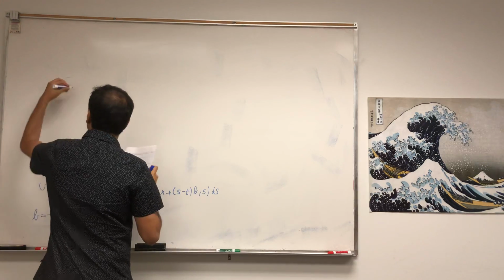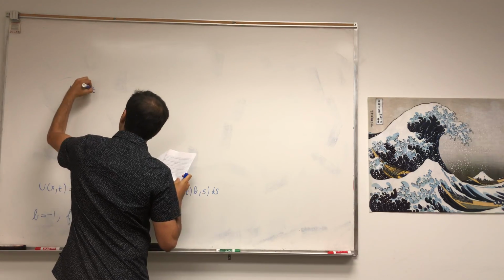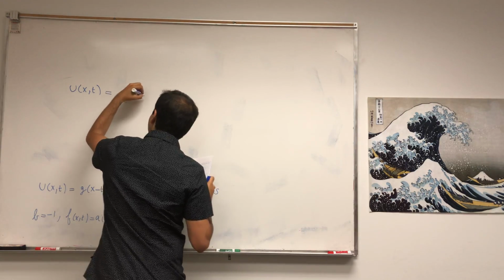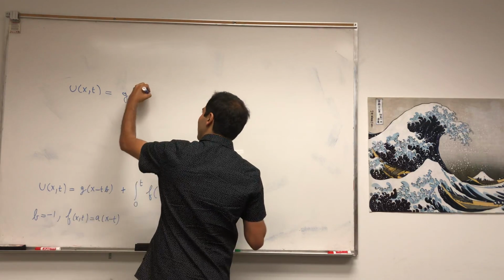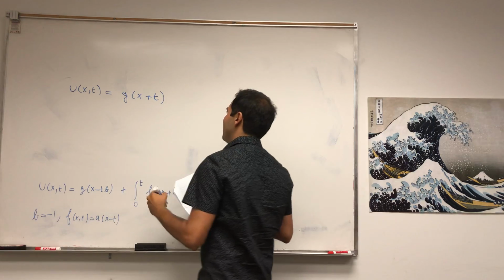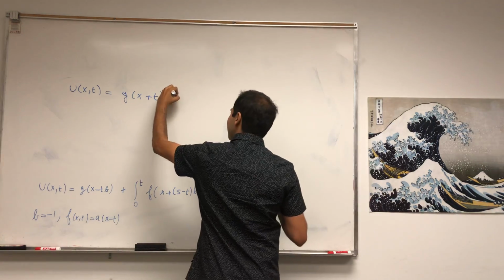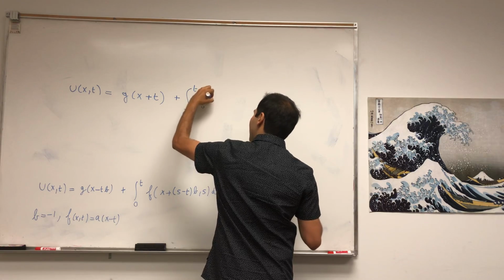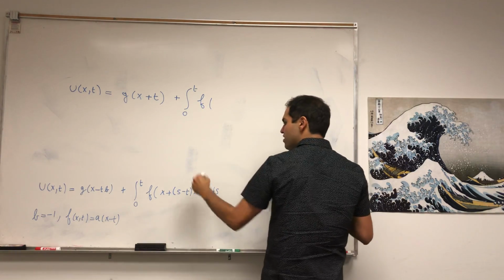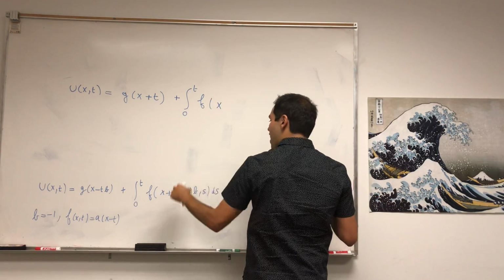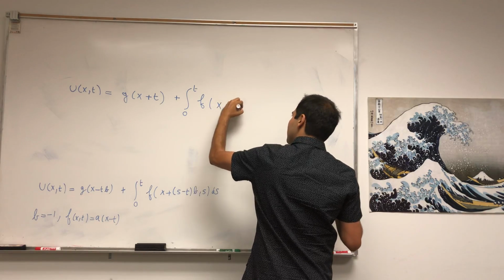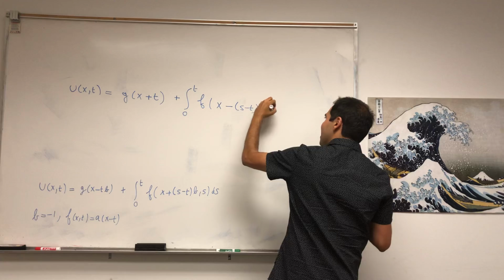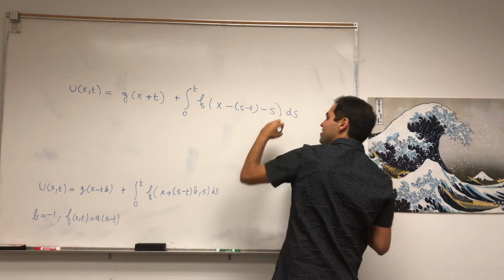So our solution then becomes u of x,t is g of x minus tb, and b is minus 1, so you get x plus t, plus the integral from 0 to t of A of the difference of the two variables, so x minus s minus t, because b is minus 1, and minus s, ds.